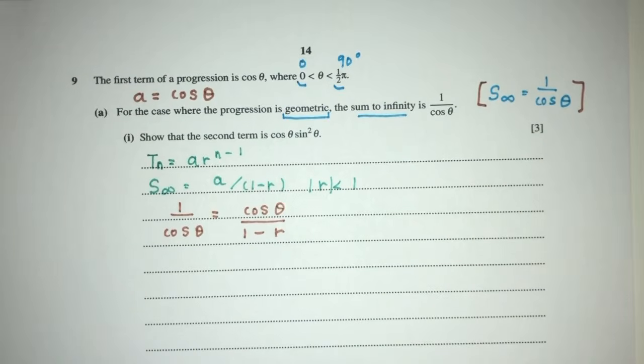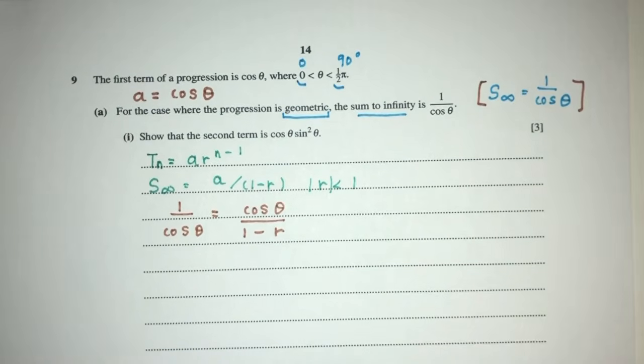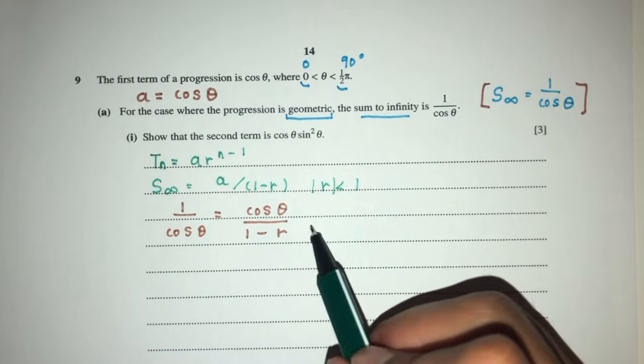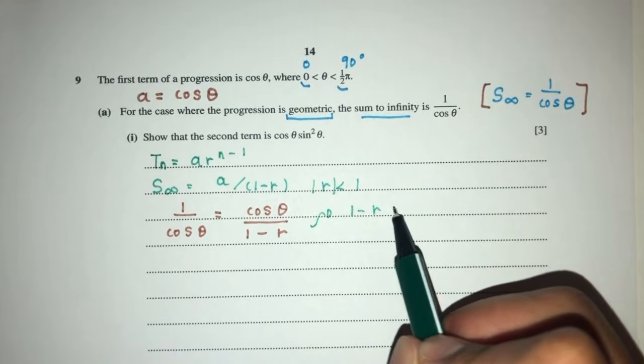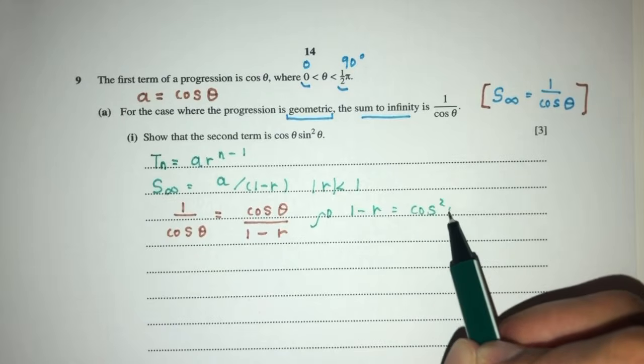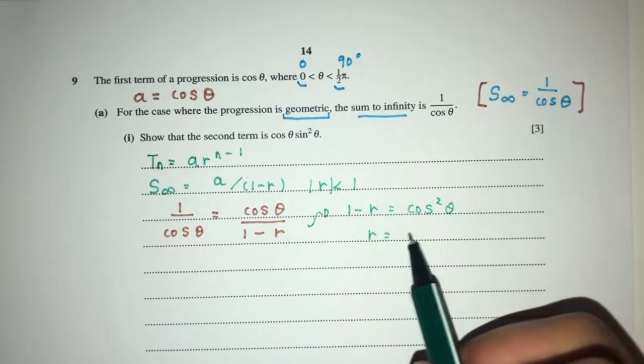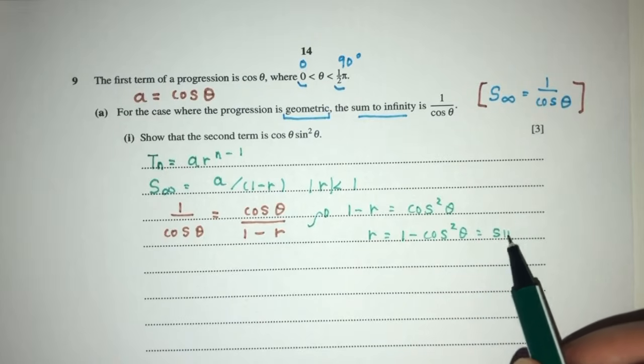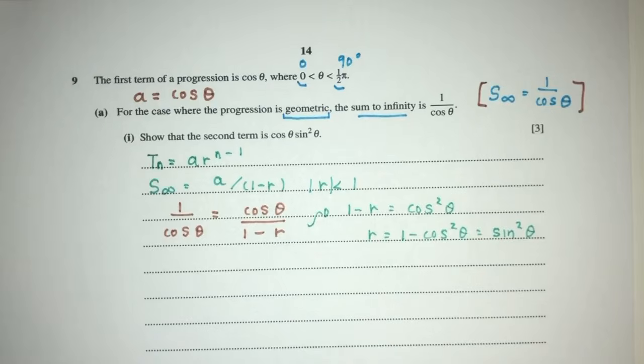Now let's solve for the value of r. We can cross multiply, for example. You will have 1 minus r equal to cos square theta. So r has to be 1 minus cos square theta, which is sine square theta, right? That's the first thing we can derive.